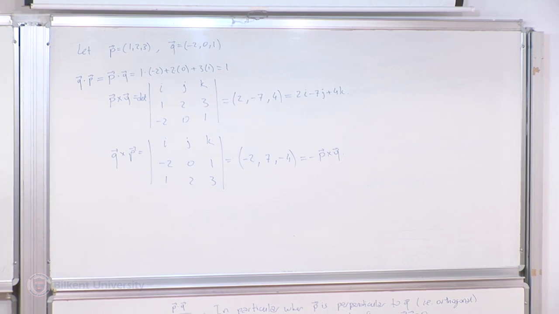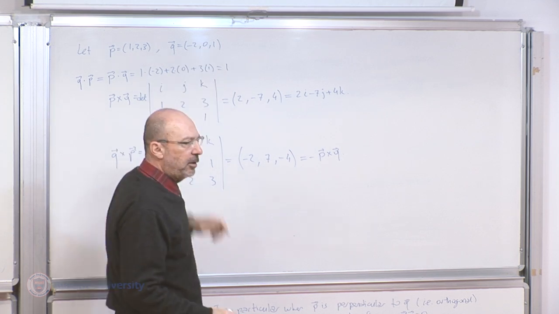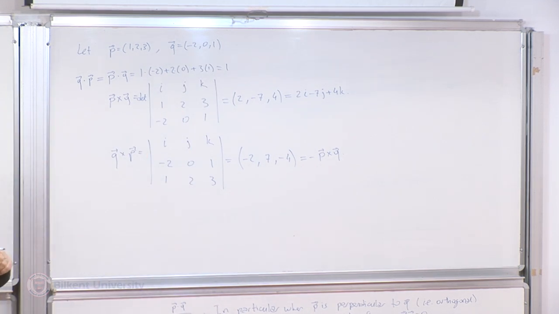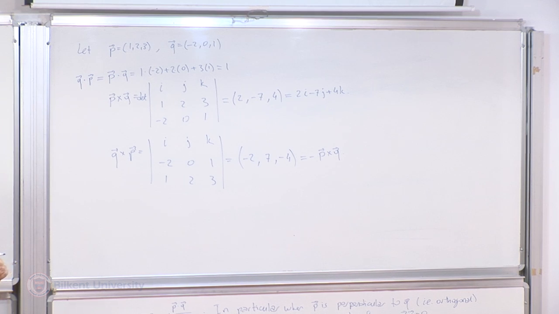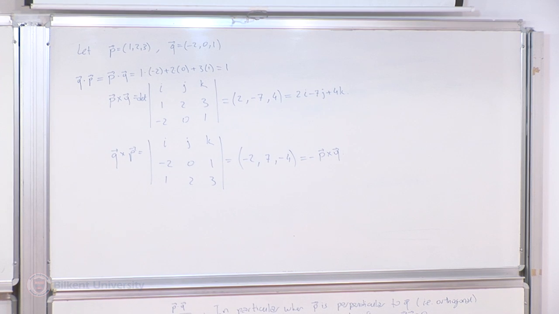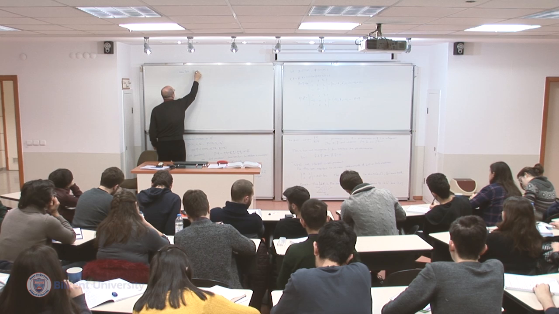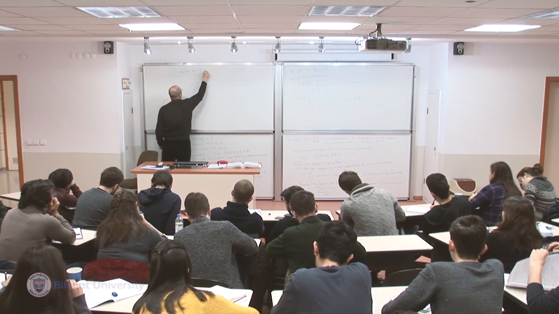Now I want to put a number here. Instead of 0, let us put x there. Let's find out if we can choose x so that P will be perpendicular to Q. P is again 1, 2, 3.